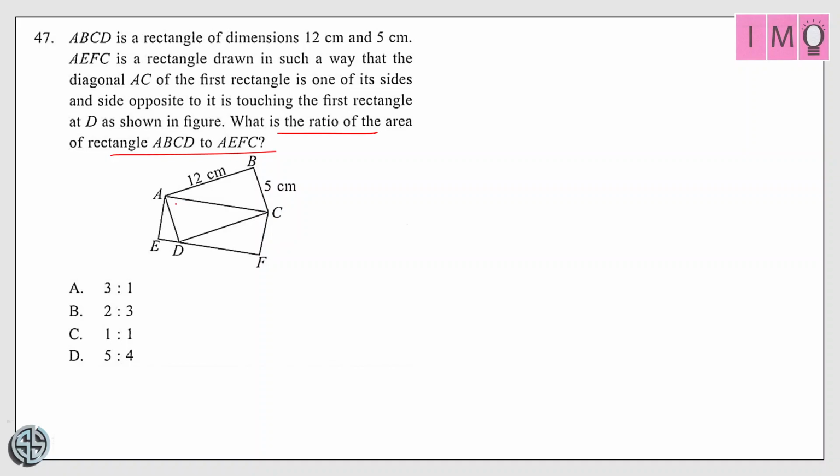So if you see, I can directly tell the answer that the ratio must be 1 is to 1. Why? Because if I rotate this rectangle ABCD about the point A, I will hinge it at point A. When I freely rotate it, this rectangle is going to overlap AEFC, this will fall like here, and coincide here and here.